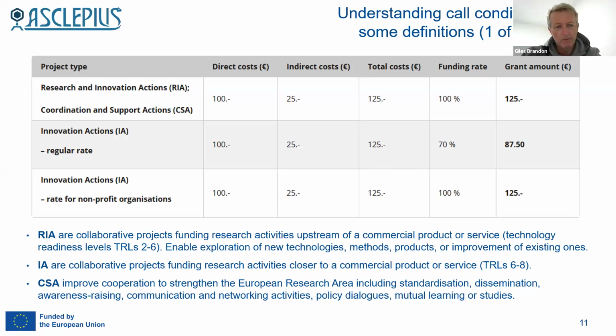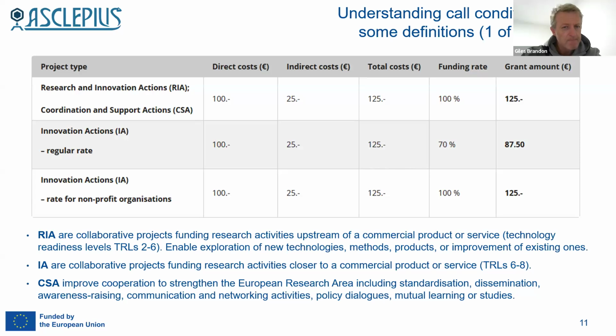With this slide, I want to talk about what you see in the table on the left: a column that says research and innovation actions (RIA), coordination support actions (CSA), and then two rows below, innovation actions (IA).